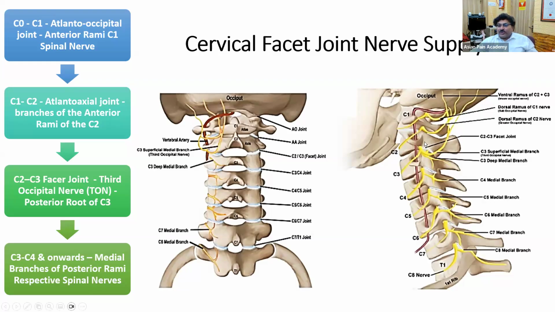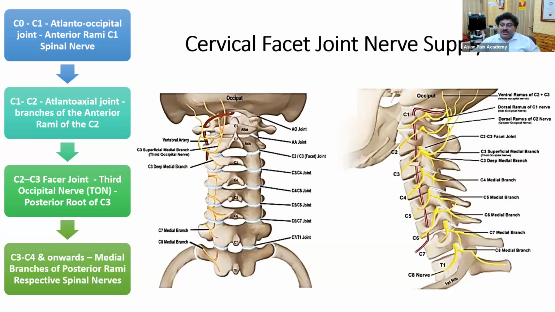So if you look with the ultrasound, the first joint we will be able to see when we are following the cervical facet is the C2 C3 joint, because the other two are above, lying in an anterior plane, and they are also supplied by the anterior ramus. And C3 C4 onwards, they follow the same rule. So what is the rule?